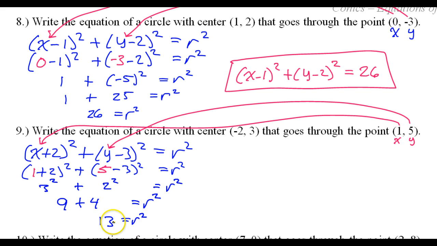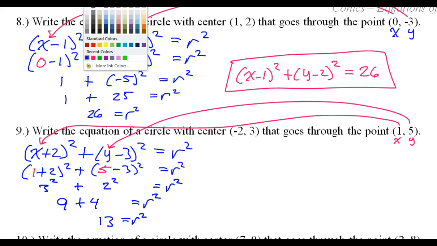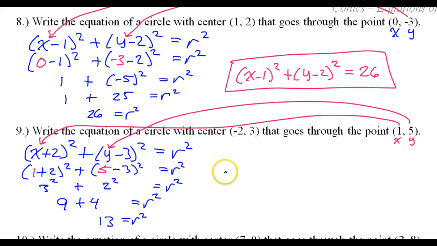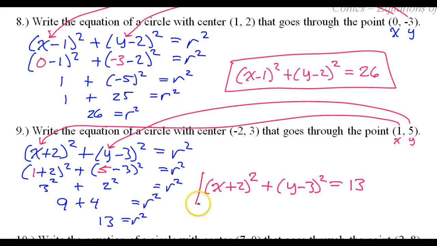Again, I will not take the square root. I don't want r, I want r squared. So I'm going to leave it as 13. So the equation of the circle is going to be x plus 2 squared plus y minus 3 squared is equal to 13.